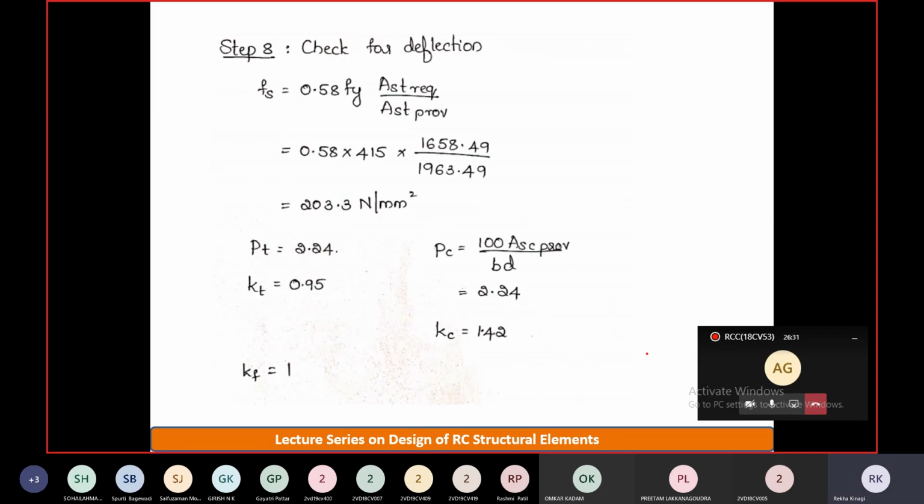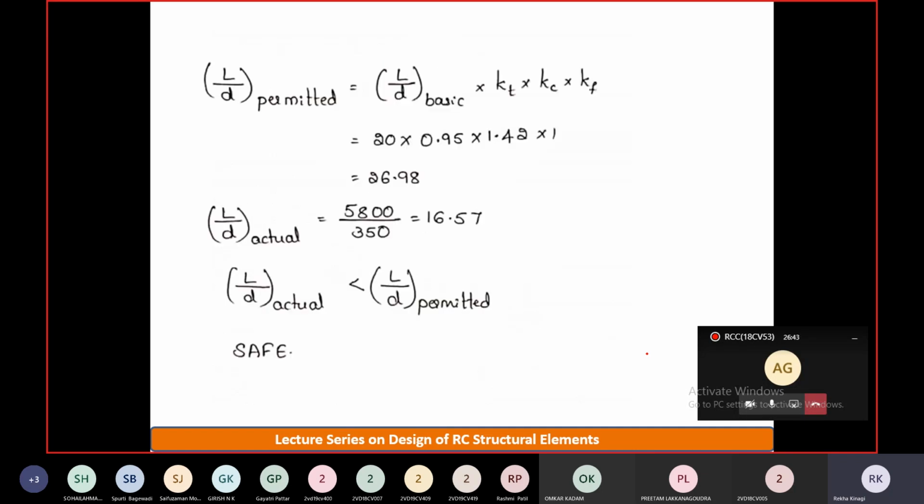Now the next thing is check for the deflection. Once we complete the shear calculation, next thing is to check for the deflection. In the check for deflection, we need to prove that L by D permissible is more than L by D actual.